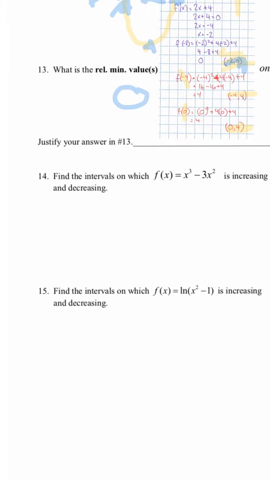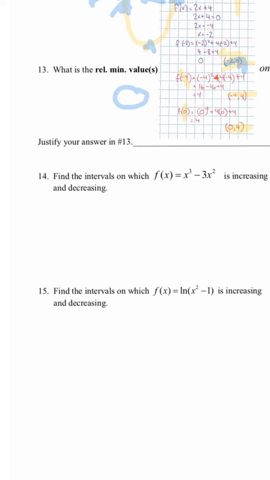So for number 14 and 15, we are looking for intervals on which these functions are increasing and decreasing. The key to finding that is to first find all the critical values. To find critical values, you look at the endpoints. If you're given an interval, it looks like for these, they're the whole domain.